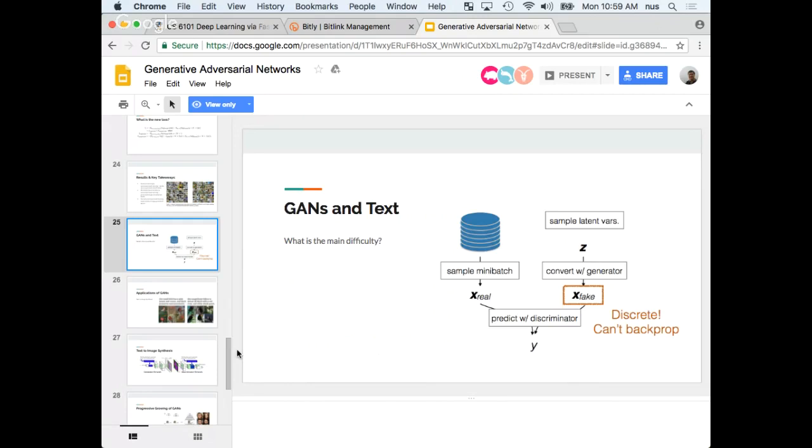There have been a few approaches to incorporating GANs into natural language processing. A few of them use reinforcement learning also to create this ideal sample latent vector.